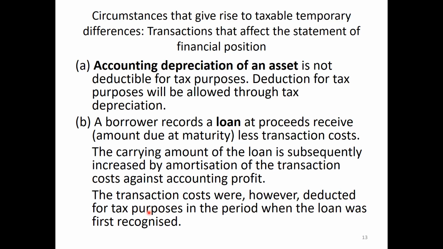Therefore, every year the accounts will deduct 1,000 each year up to 5 years. So due to these differences, the taxable temporary difference will arise. You can study this in LKS borrowing cost, if my memory is correct, it is 21, I think. Please check it, right?